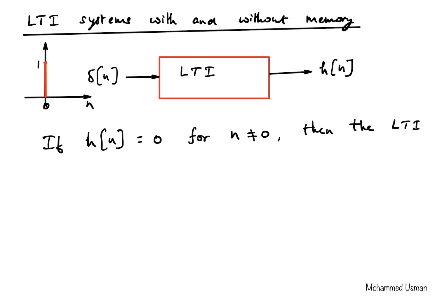Then the LTI system is memoryless. What that implies is that the impulse response h of n is basically another impulse, delta of n, scaled by some constant.